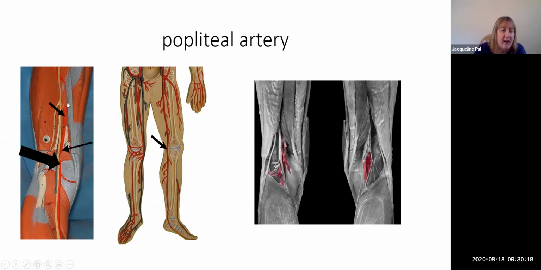So on the far left, you can see it appearing through the adductor hiatus, and as soon as it becomes posterior, it is called the popliteal artery. So it does not have to get down to the knee area to be called popliteal artery. In the thigh, as soon as it's a posterior structure, it is the popliteal artery, passing through the popliteal fossa.